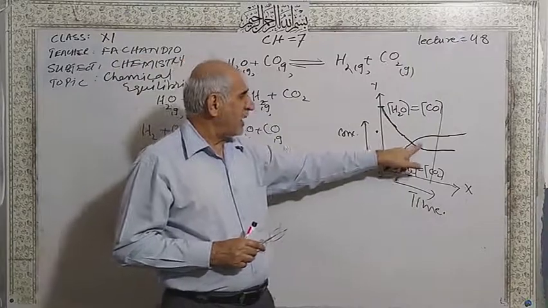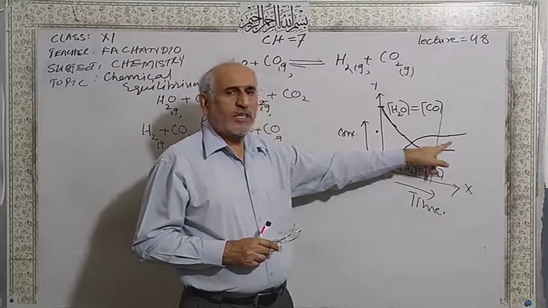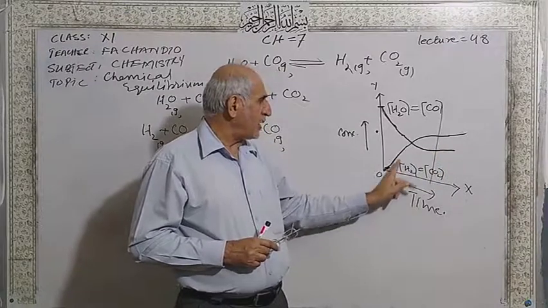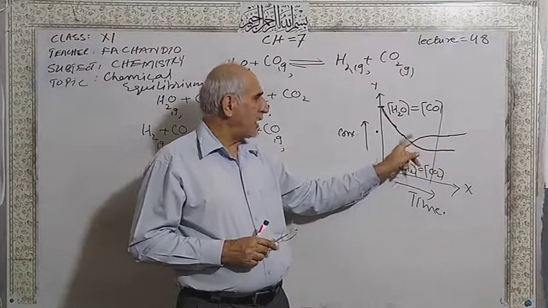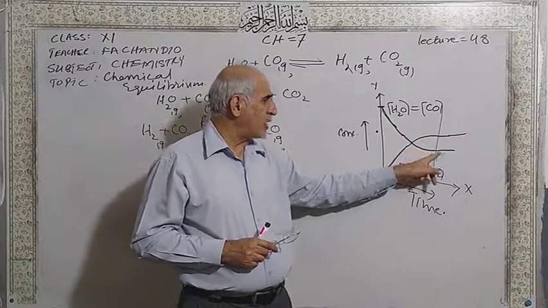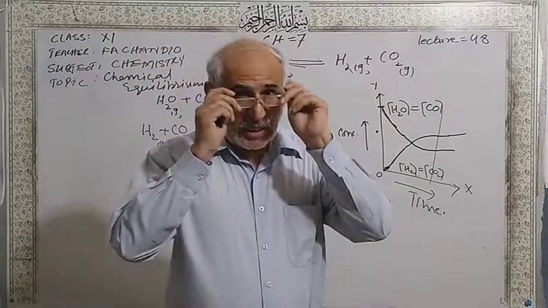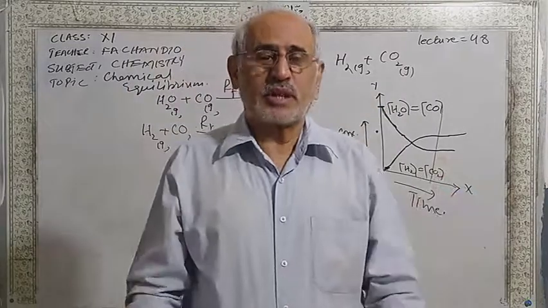It means there is no significant change in the concentration on the reactant side and the product side. This is the reactant side and this is the product side. You see the graph is horizontal, so this state is called the equilibrium state.